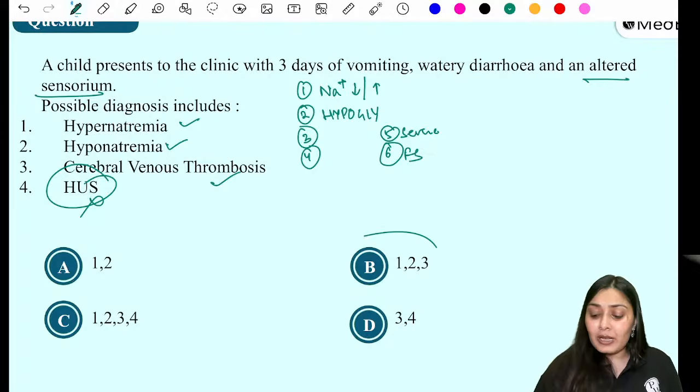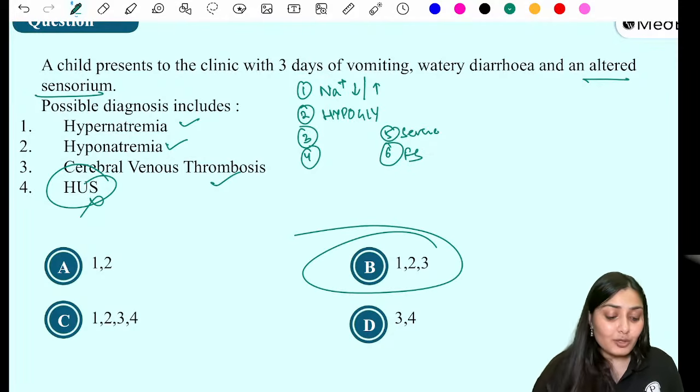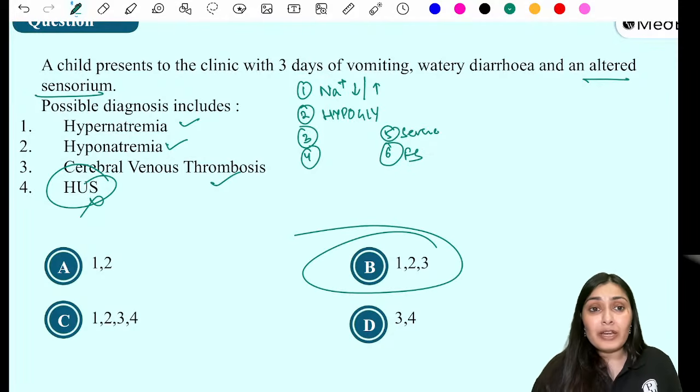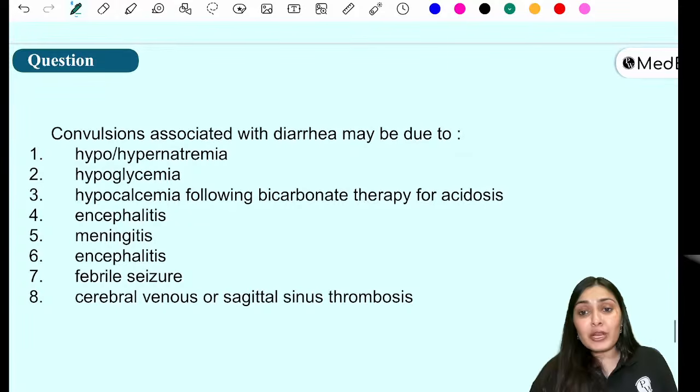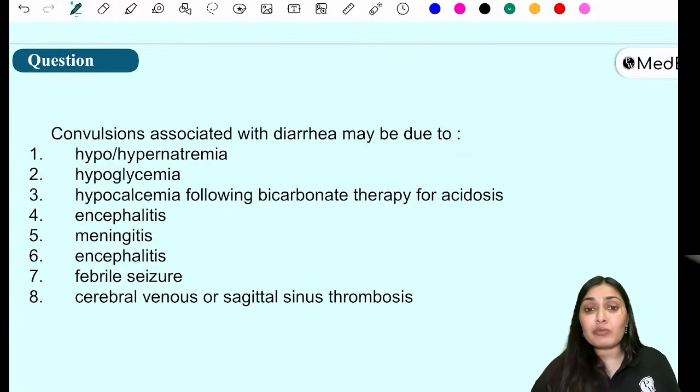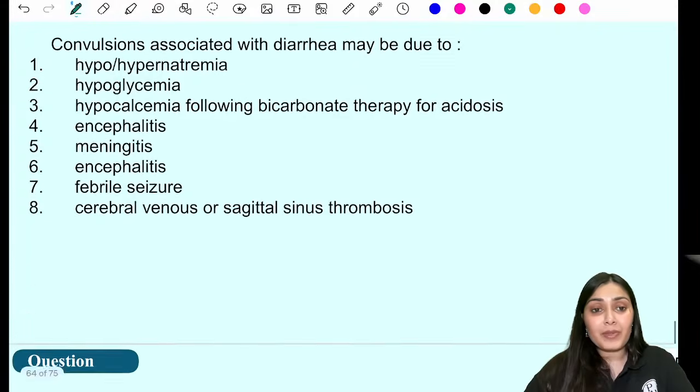So the most correct answer here would be 1, 2, 3, that is option B. Right? So remember, a child with vomiting and loose stools, if presenting to you with CNS manifestation, it could be altered sensorium or convulsions. Remember these causes: hyponatremia, hypoglycemia, hypocalcemia, usually following bicarbonate therapy for acidosis, encephalitis, meningitis, febrile seizure, and sagittal sinus or cerebral venous thrombosis.